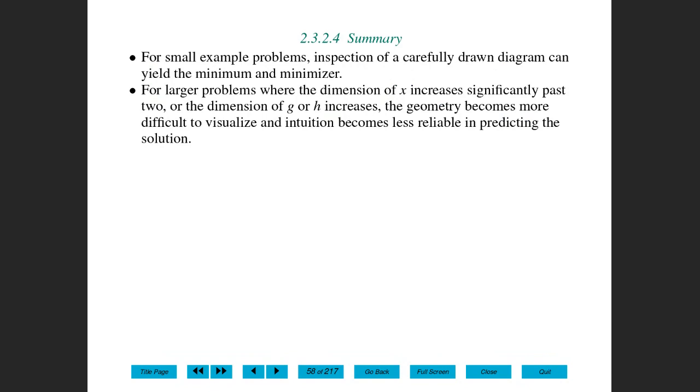So the thing is, for very small or simple problems, just by looking at the diagram, we can find the minimum and the minimizer. So can anyone tell me what is the difference between a minimum and minimizer?